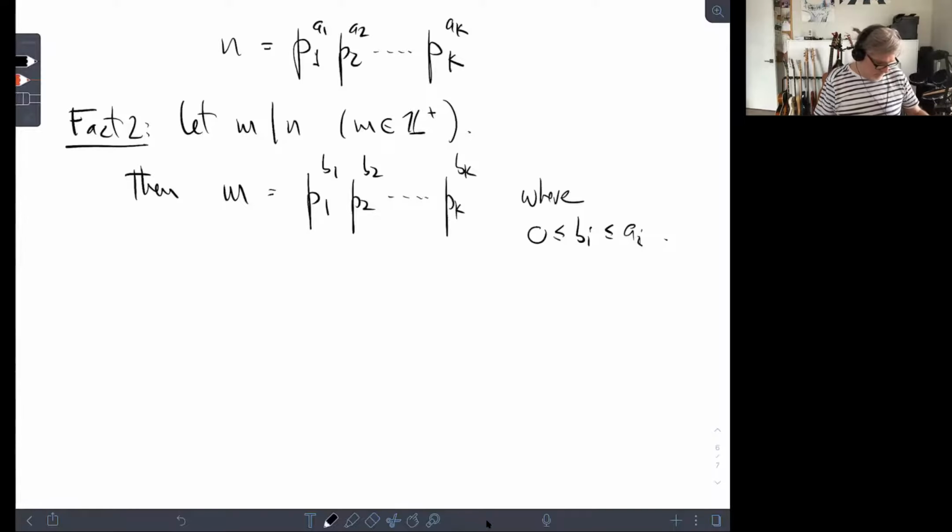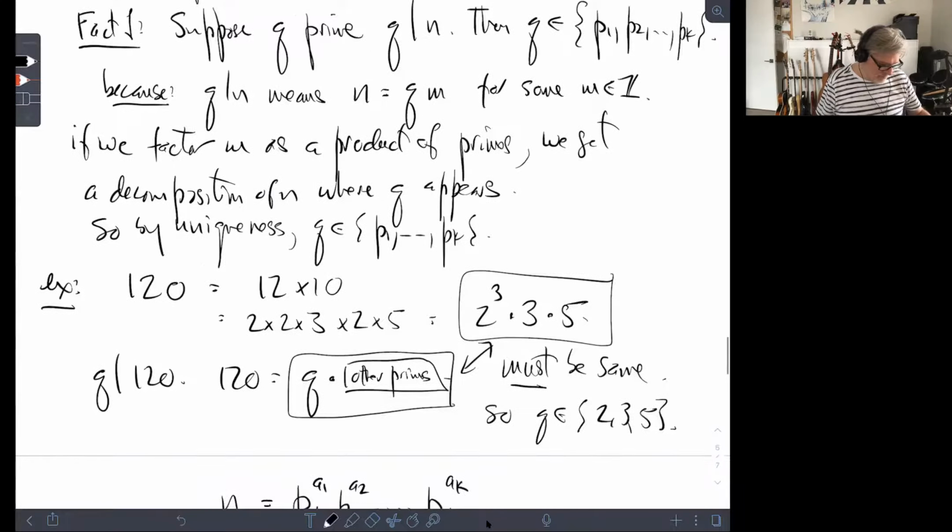Before I show you why this is true, let me just use my example from above. We've got 120, which is 2 cubed times 3 times 5. Is that it? Yes.